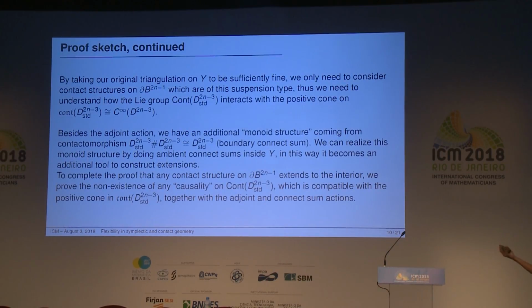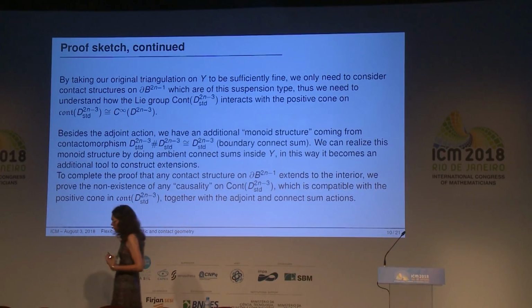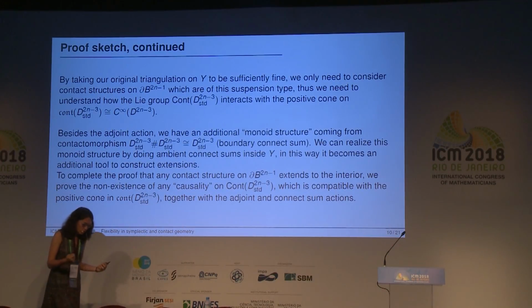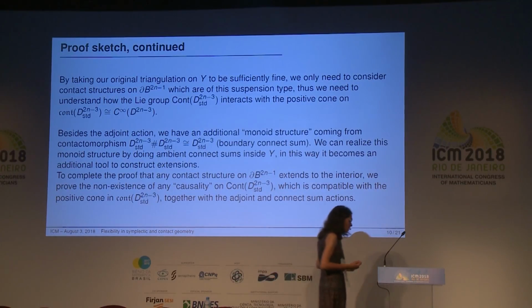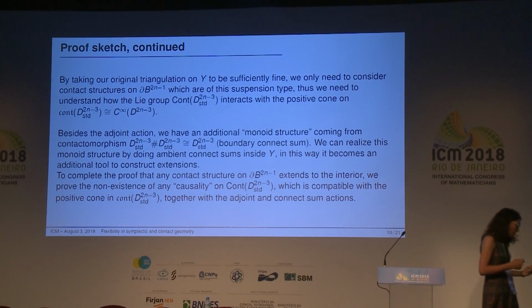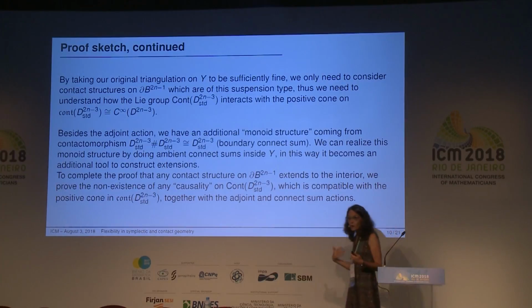So ultimately what our proof does is we show that basically you can't make all these things compatible. If I want to understand why anything extends, non-extendability is some sort of causality, right? It's some sort of well-defined notion of positivity.